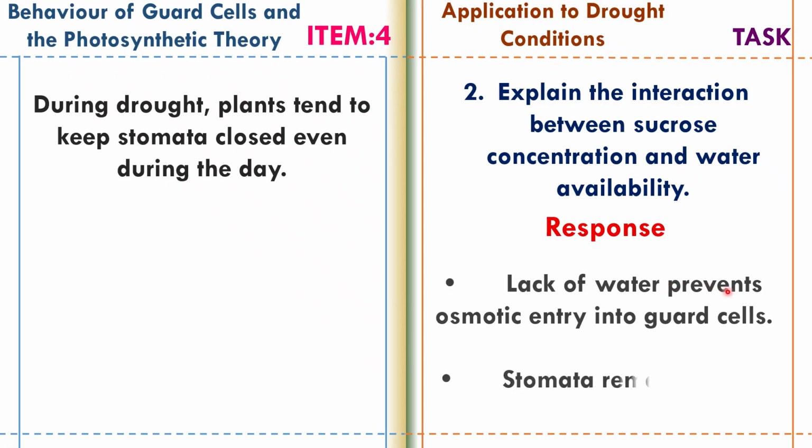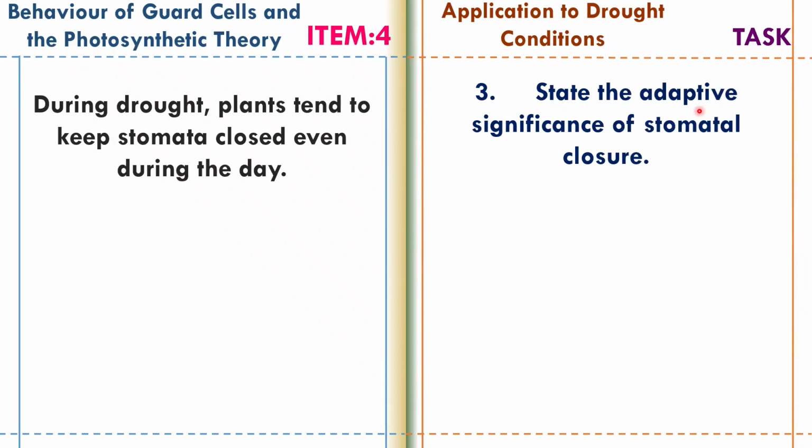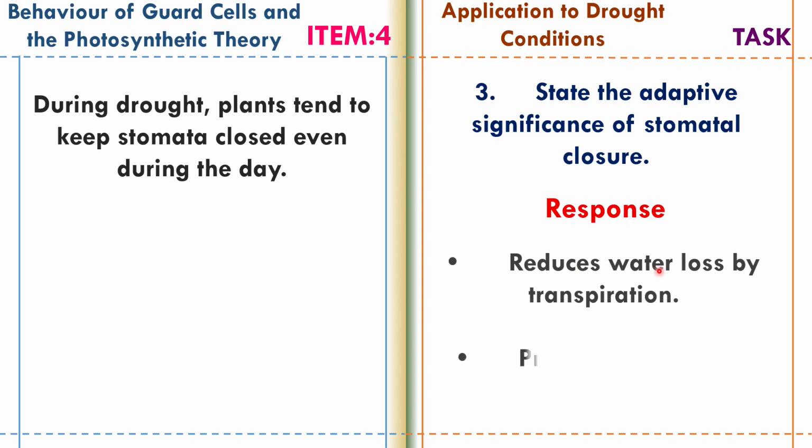Lack of water prevents osmotic entry into guard cells. Stomata remain closed. State the adaptive significance of stomatal closure. It reduces water loss by transpiration. It prevents wilting and dehydration.